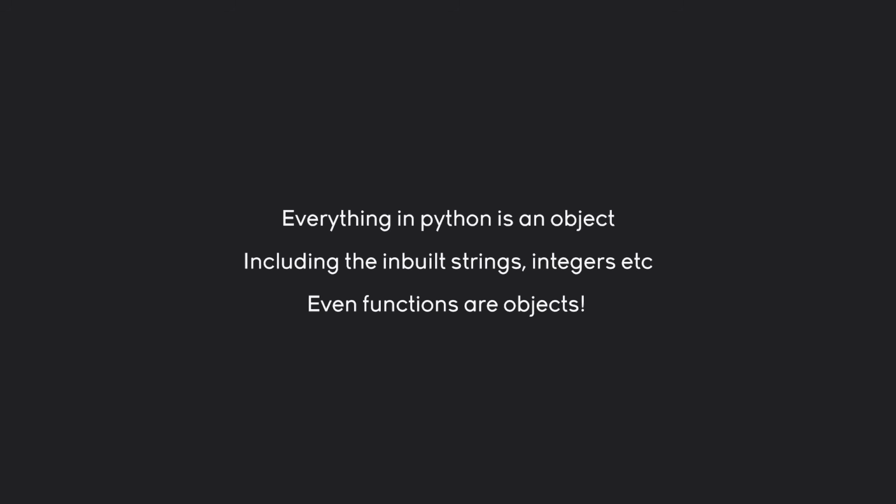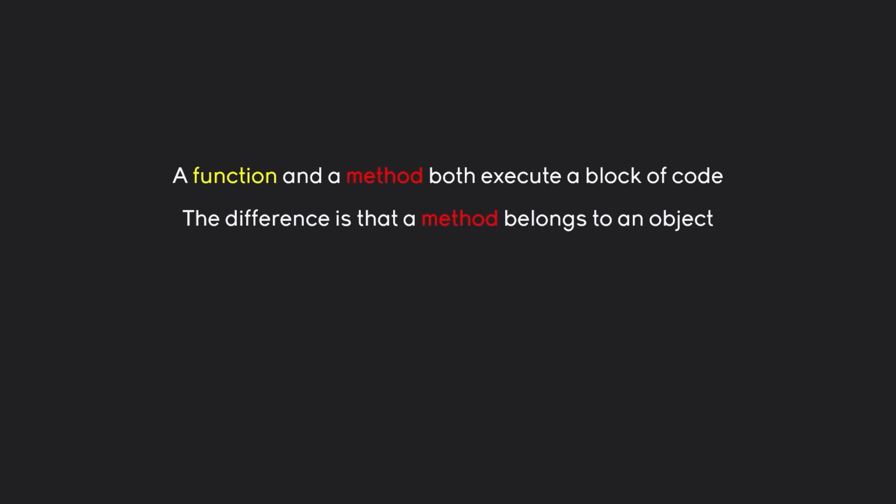And there's another thing that I believe is very often confusing, and that is the difference between a function and a method. The reason why this is confusing is both just execute a block of code. So in terms of functionality, they basically do the same thing. However, the difference is that a method always belongs to an object. It doesn't matter if the object was created by us or by Python.